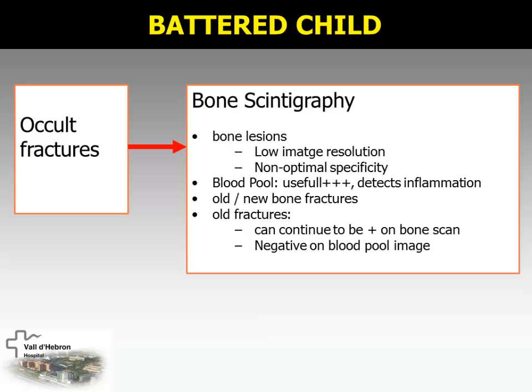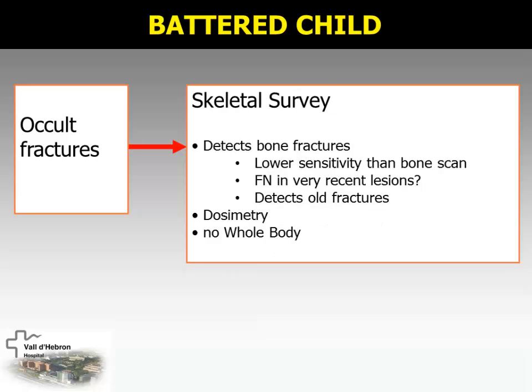But the problem is some old fractures can continue to be positive on the bone scan, but negative on the blood pool image. The skeletal survey detects the bone fractures, but with a lower sensitivity than the bone scan, and with false negative results in some very recent lesions, and detects all fractures usually. The dosimetry is higher, and it is not a whole body image.